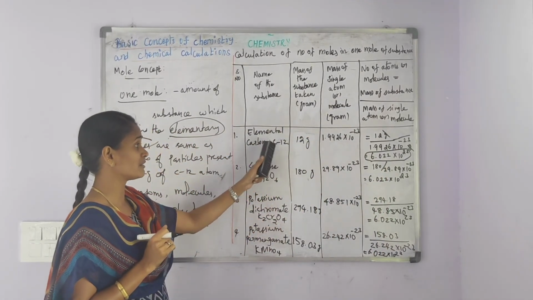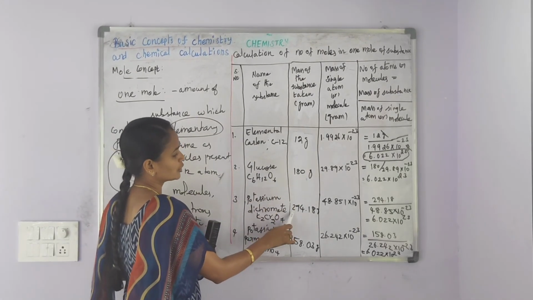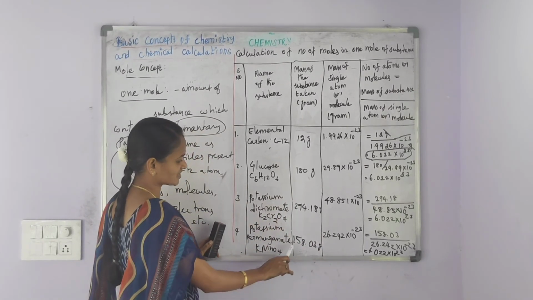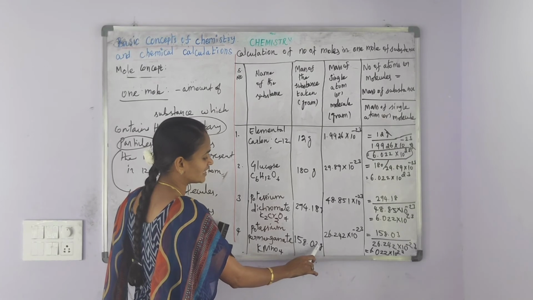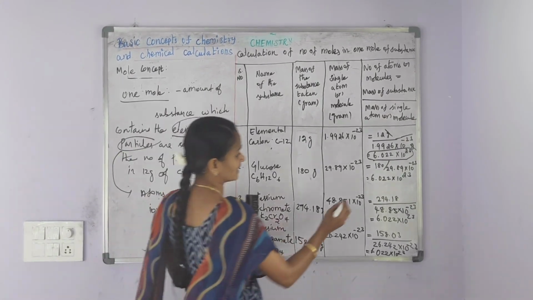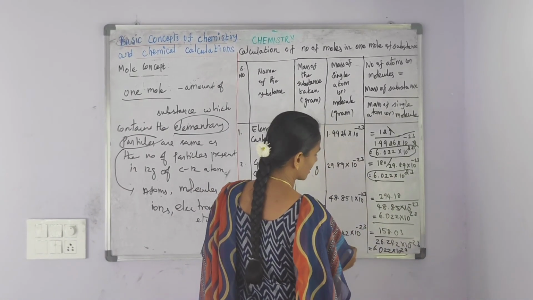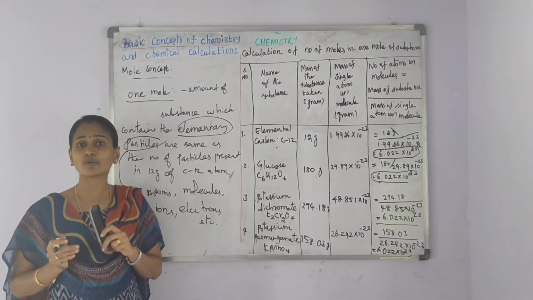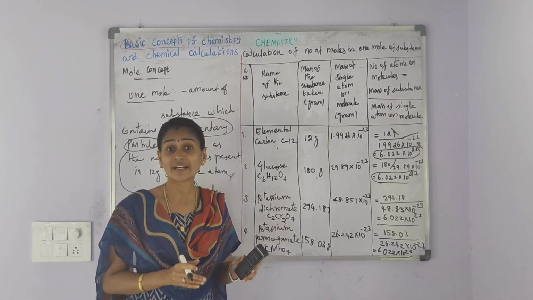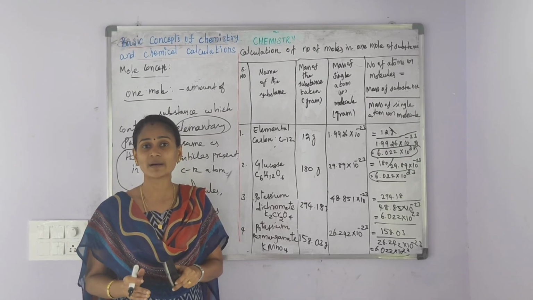Like 12 gram of carbon, 180 gram of glucose, 294.18 gram of potassium dichromate and 158.03 gram of potassium permanganate also contain 6.022 into 10 power 23 molecules. 1 mole is defined as the amount of the substance which contains elementary particles the same as the number of particles present in 12 gram of the carbon 12 atom.